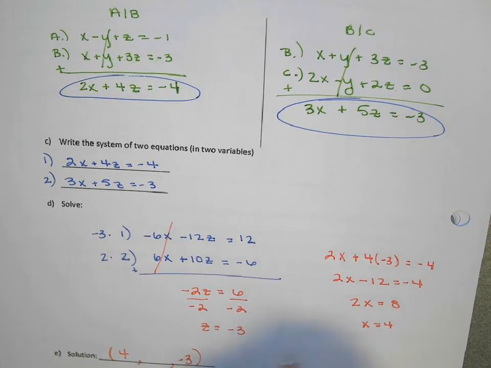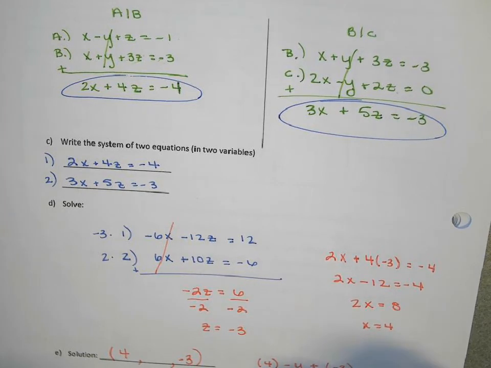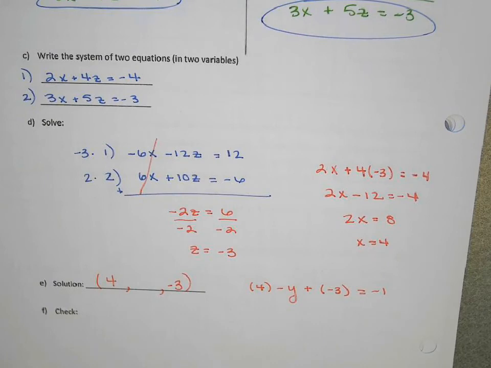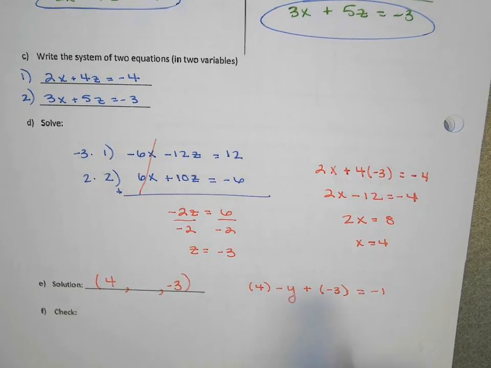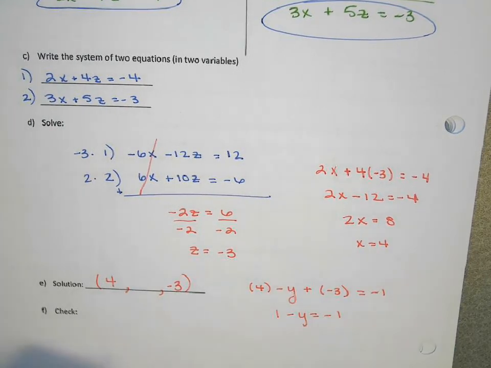So A says x is 4 minus y, we don't know, plus z is negative 3 equals negative 1. So there it is. I plugged it in. Now I'm going to get y by itself.